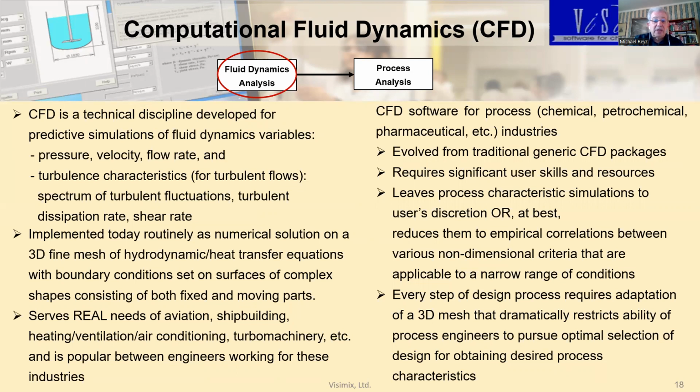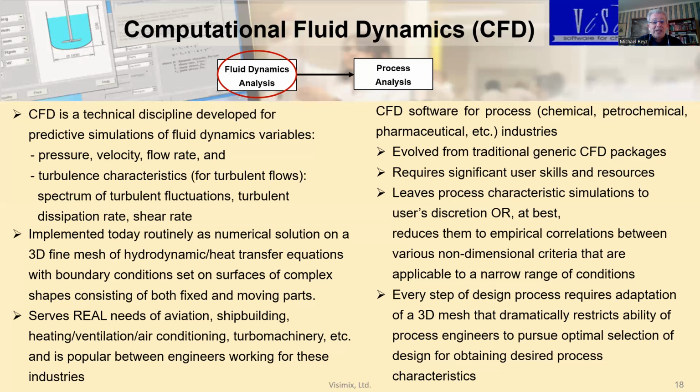So CFD is a technical discipline developed for predictive simulations of fluid dynamics variables, such as pressure, velocity, flow rate, and turbulence characteristics for turbulent flows. It is implemented today routinely as numerical solution on a three-dimensional fine mesh of hydrodynamic, heat transfer, mass transfer equations with boundary conditions set on surfaces of complex shapes consisting of both fixed and moving parts.